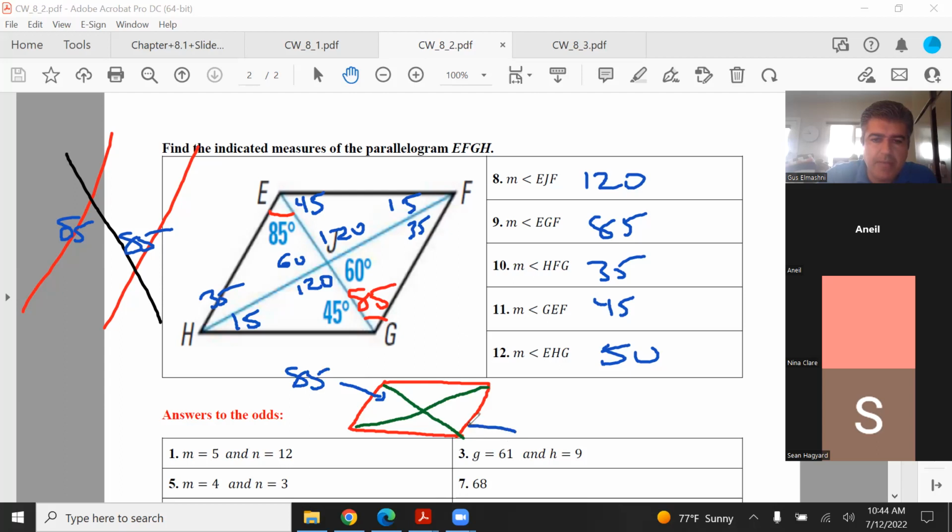So that must also be 85 right here. You knew this was 45. So that must be 45 right here, because those are alternate interior angles. And plus opposite angles are equal to each other. 85 plus 45 is 130. So you have 130, 130.